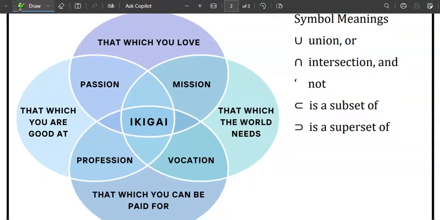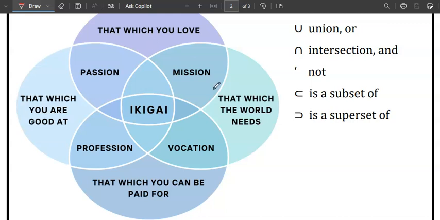Here's an example of a Venn diagram that has 4 sets.